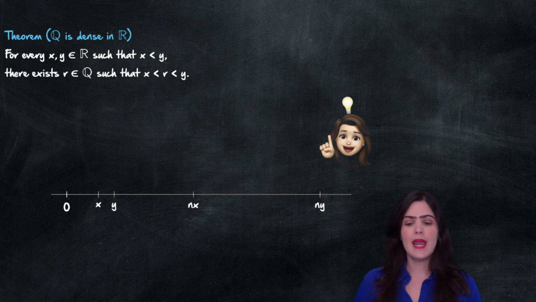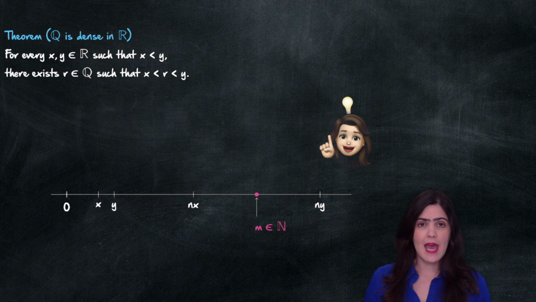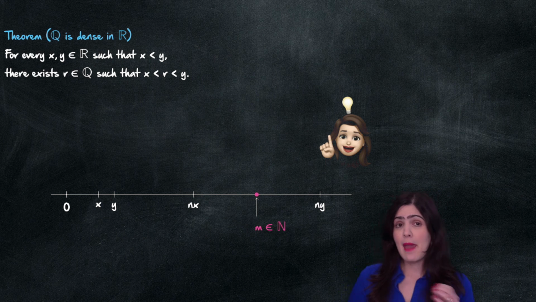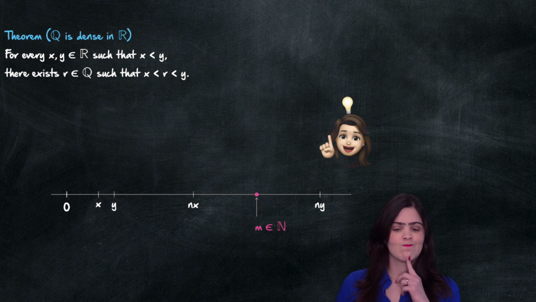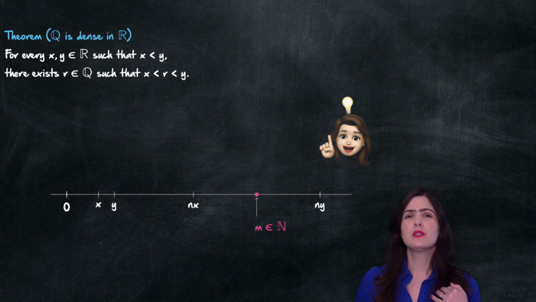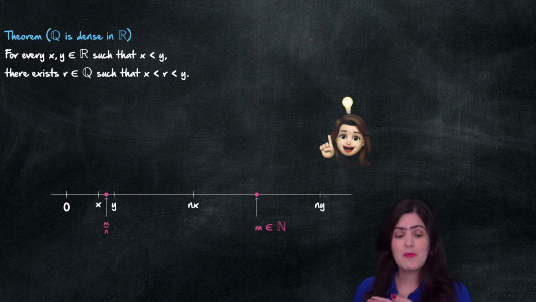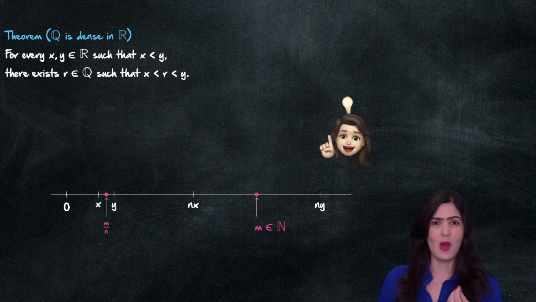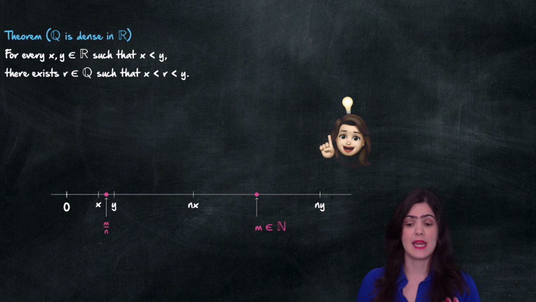Okay, so here I have my integer m in between them. And now what happens is that I have that m is between nx and ny. Well, but I have to conclude something about x and y. So if I divide everything by n, what happens? Now I bring in between x and y, m over n. Because we have that nx is less than m, which is less than ny.